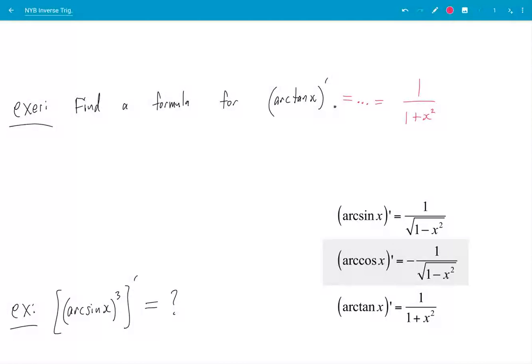Okay, two things on the screen now. Here's a little summary of the derivatives of arcsine, arccos, and arctan. And here's my next example in the bottom left. Nothing too special here, just mixing the chain rule because of this 3 with the derivative of arcsine, which I'll grab from here.